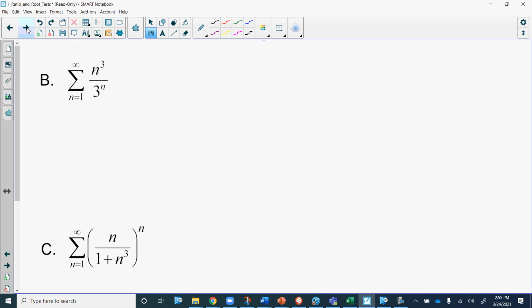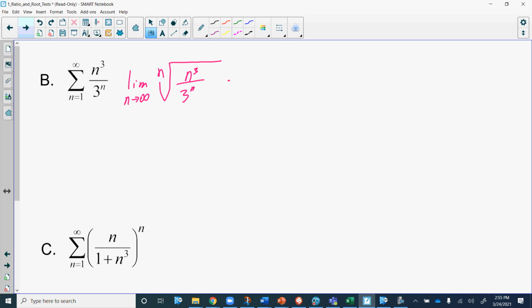So here I'm going to say the limit as n approaches infinity of, and if you don't want to do the radical, you could do something to the 1 over n power as well. That's the same thing as doing something to the nth root. And so here I'm going to have n to the third power over 3 to the power of n.